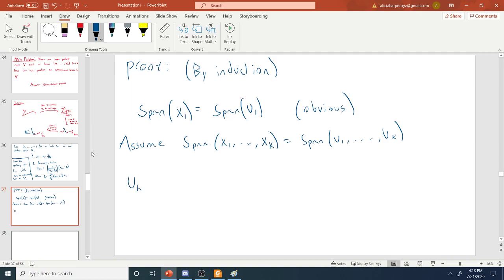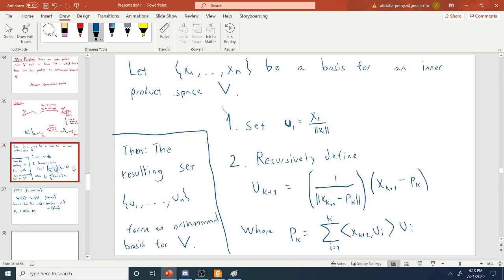uk plus 1 is equal to alpha times xk plus 1 minus pk, where alpha here is, of course, just the norm. Or actually, it's 1 over the norm of xk plus 1 minus pk. Now, by definition, pk is a linear combination of u1 through uk.